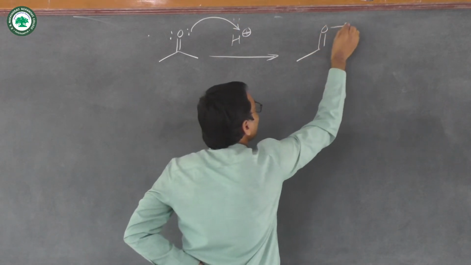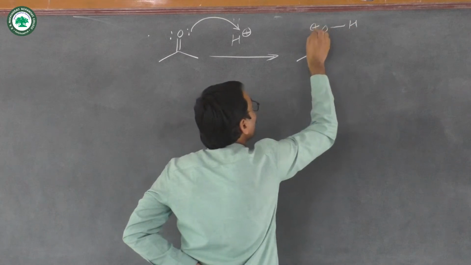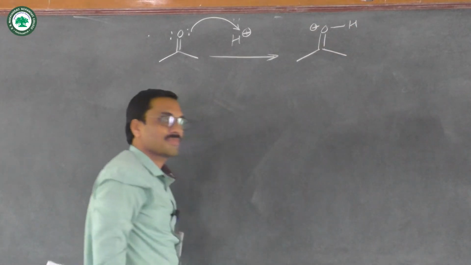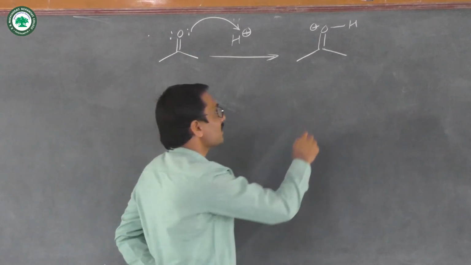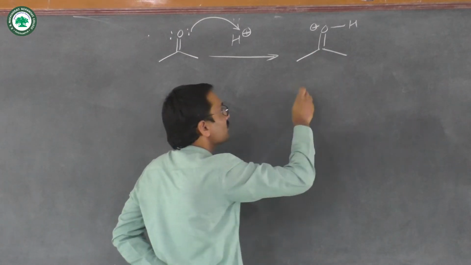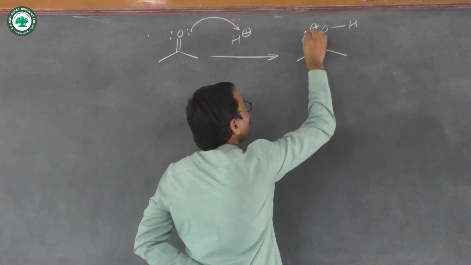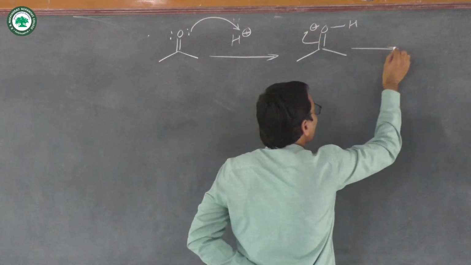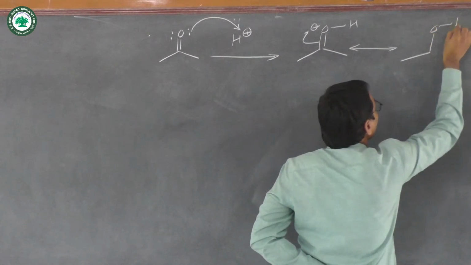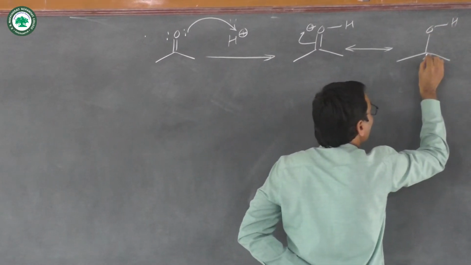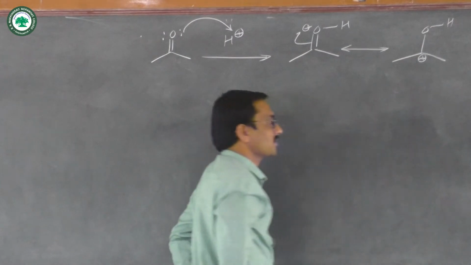Protonation takes place, and that oxygen carries a positive charge. The role of this step is to increase the positive charge on this particular carbon atom. Resonance takes place in this way, and that carbon carries a positive charge.